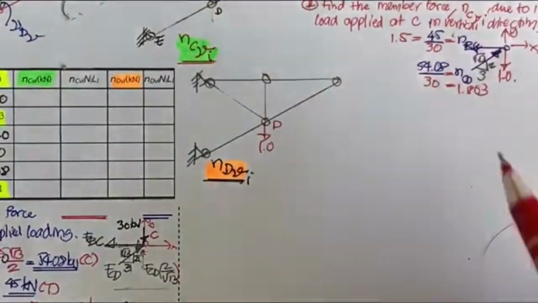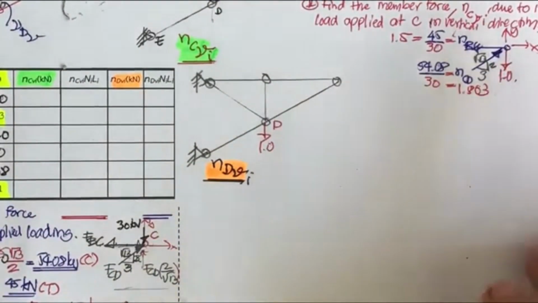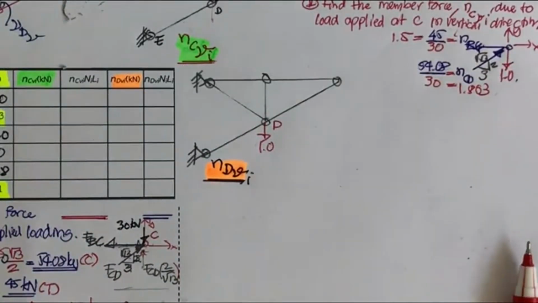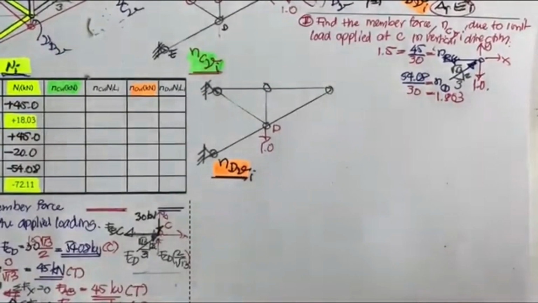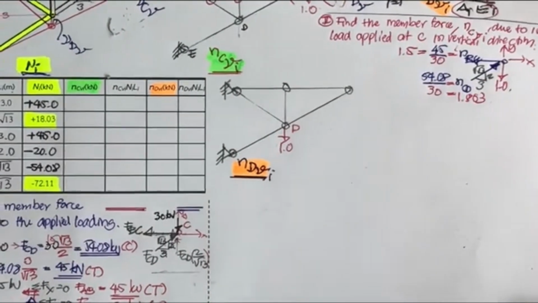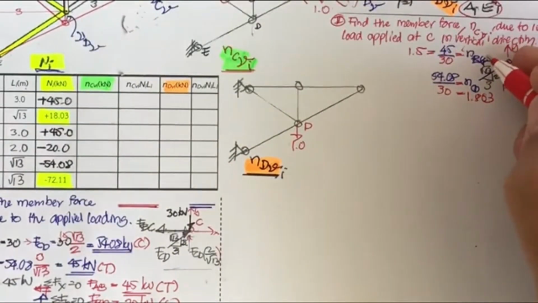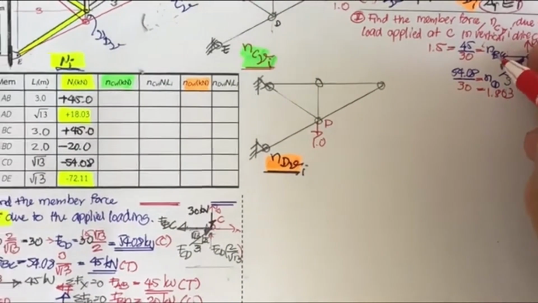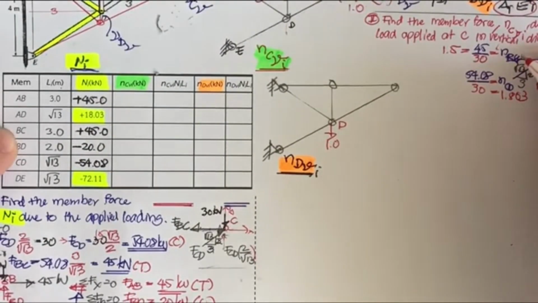So N sub BC, and if you do a little bit of this, you may put this into your table. N sub BC is going to be 1.5. So what is BC? BC is here.